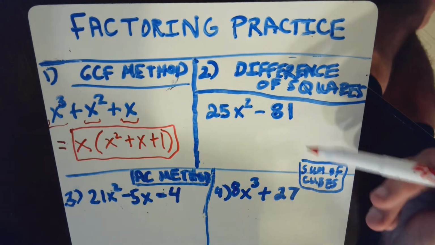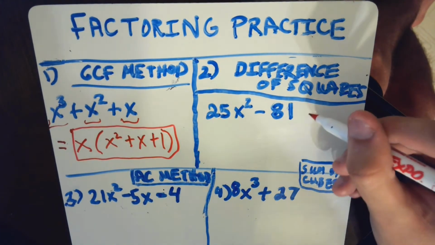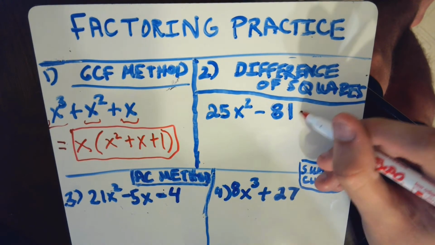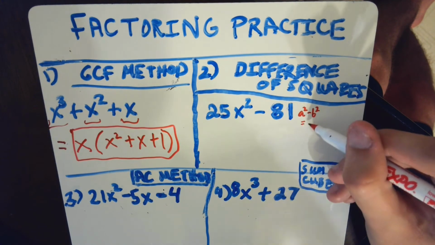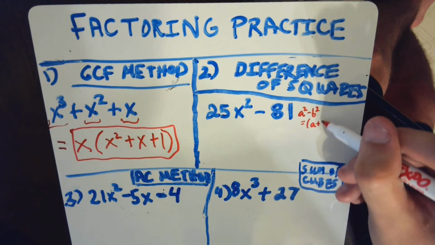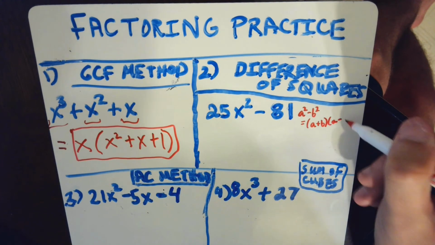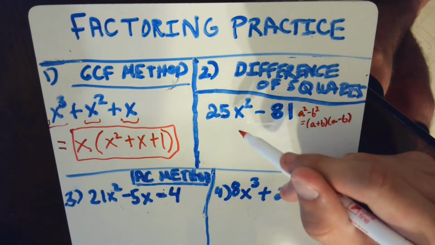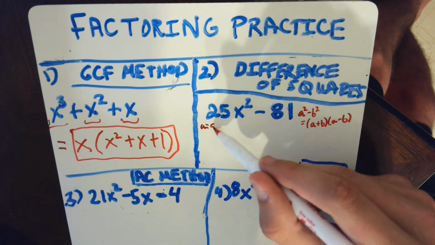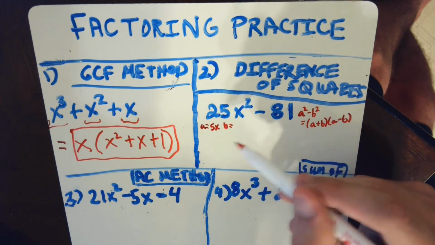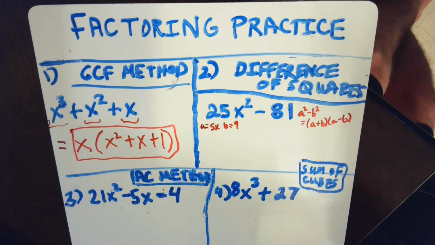Next, we have a difference of squares. So remember that more generally, a squared minus b squared is a plus b times a minus b. In this instance, a is 5x and b is 9.